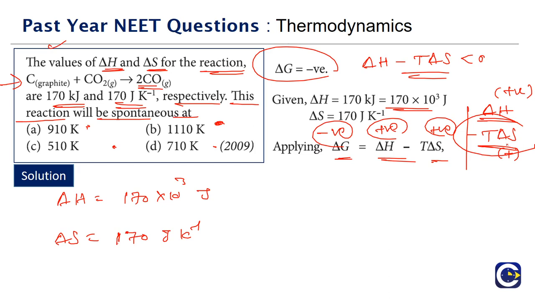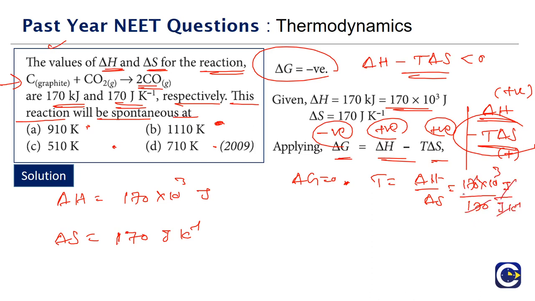Otherwise we can look at the other side also. Look at the temperature where we exactly meet equilibrium. Equilibrium means del G is equal to 0. For that, the condition is del H minus T del S is 0, which means the temperature will be del H by del S. That is the equilibrium temperature. Del H is 170 into 10 power 3 joule, del S is 170 joule per Kelvin.